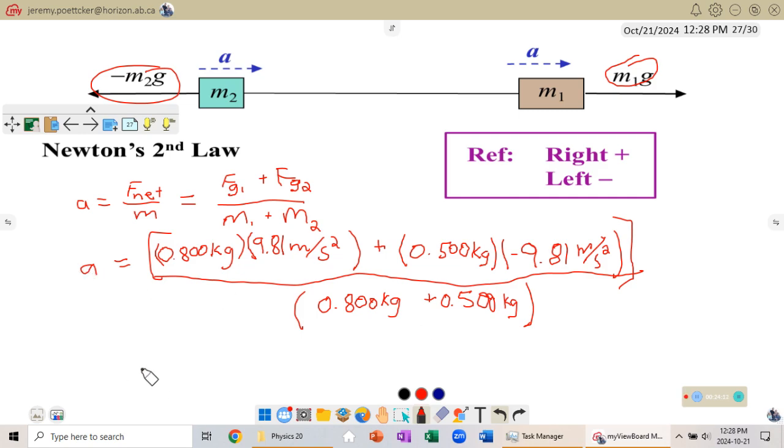And we end up with an acceleration of 2.26 and stuff. We're going to keep that unrounded value. So the calculator spits out 2.2638 and so on. Store that in my calculator so I can use it later on because I'm going to need it.